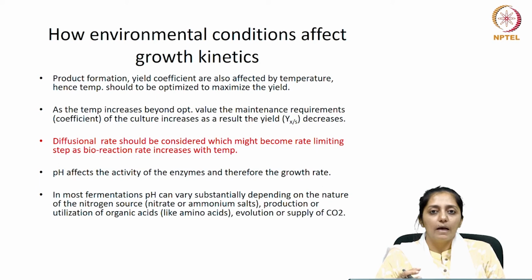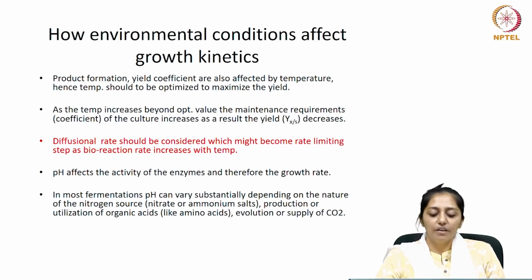Now, as the growth rates are improving, the rate limiting step could become the rate at which the substrate is being made available to the cell, where diffusional limitations have to be considered.